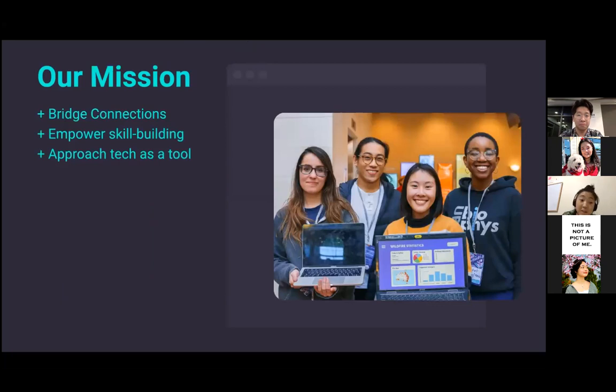Some of our missions for this workshop and also as an organization are to bridge connections, focus on empowering skill building, and approach tech as a tool, making sure that we're opening up to people from any faculty. As you can see, Phil and I are both not studying tech, but we are still super involved in the hackathon space, and there shouldn't be a barrier stopping you from doing that as well.